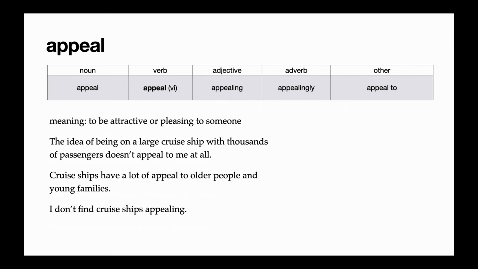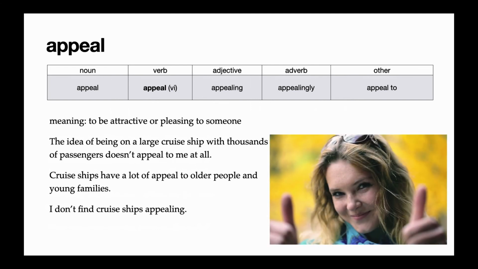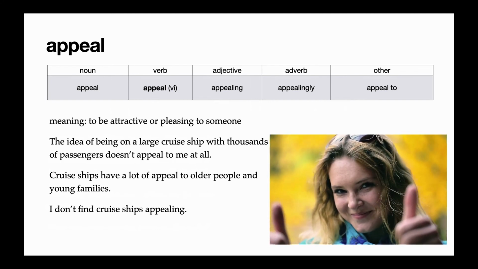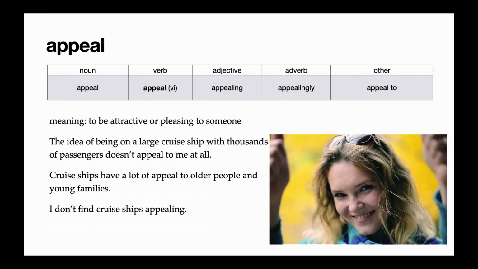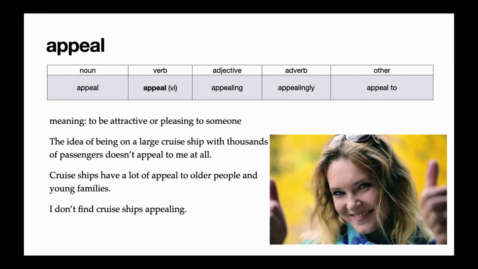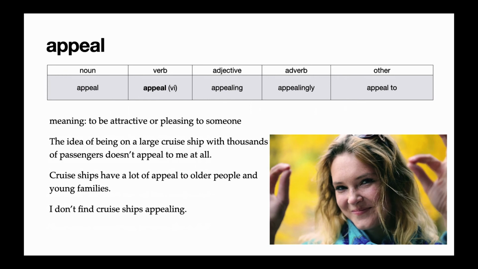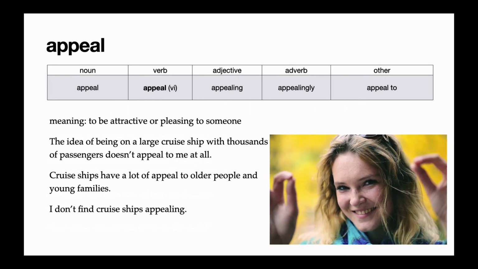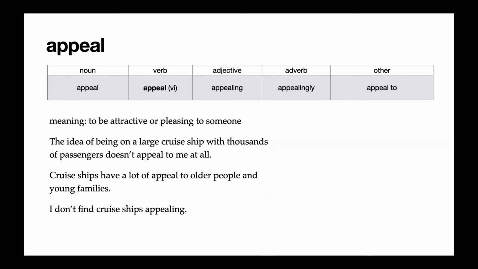Next, we have the verb appeal. Appeal means to be attractive or pleasing to someone. So when I say the cruise ship doesn't appeal to me at all, it means it's not attractive to me. The idea doesn't please me. I don't want to do it. Appeal can also be used as a noun. Cruise ships have a lot of appeal to older people and young families.